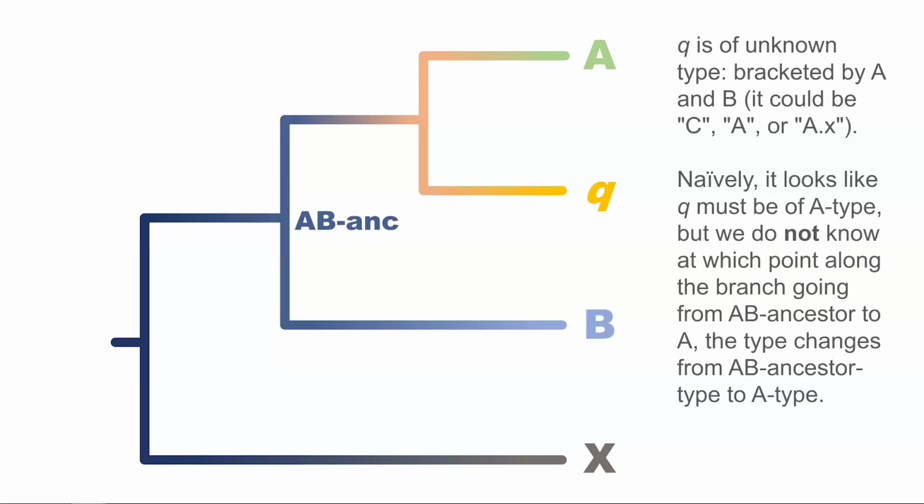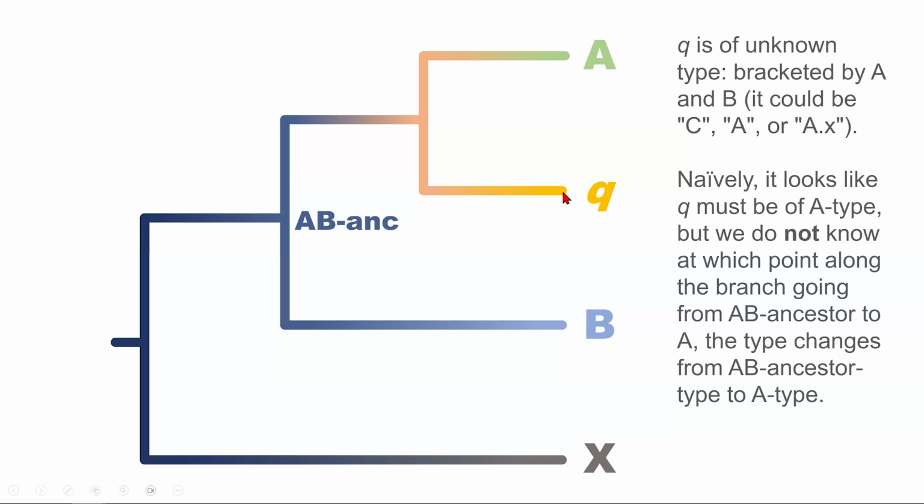But to me, an interesting case is where your query sequence doesn't fall into any existing clade. It doesn't fall into the A clade. It doesn't fall into the B clade. It's in between. This mouse is really slow.